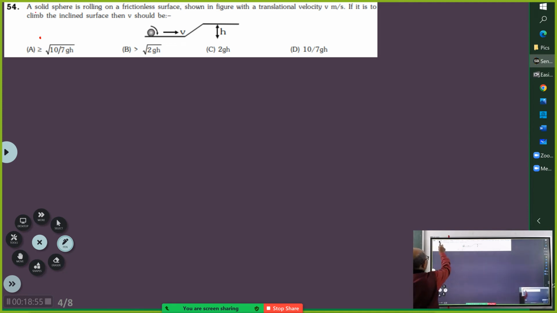A solid sphere is rolling on a frictionless surface. So, when a body is rolling on a frictionless surface, what happens? It will not move forward. That is the basis.